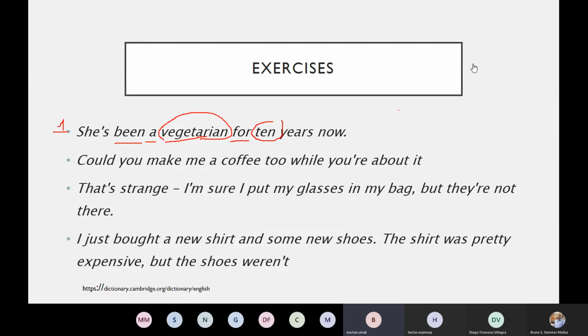Because "could you," I think in the majority of cases we don't stress that part. "Too while you're about it" is like a complement, so it's not so important. And obviously, the "a" between "make me" and "coffee," I don't think we have to stress that.